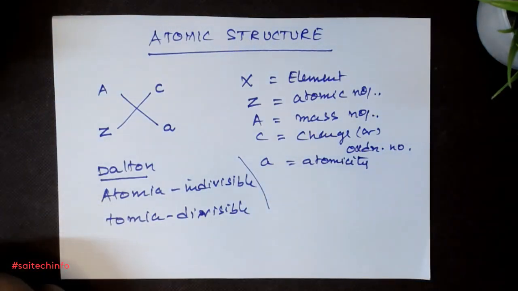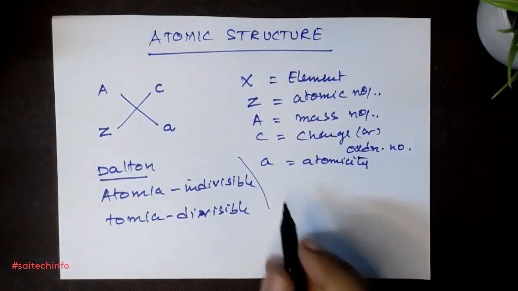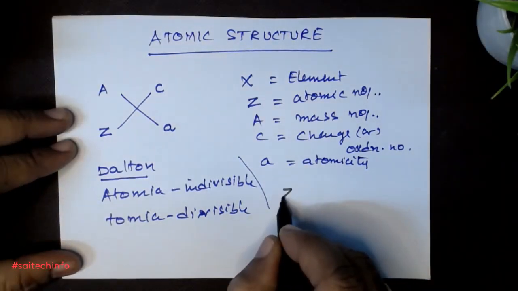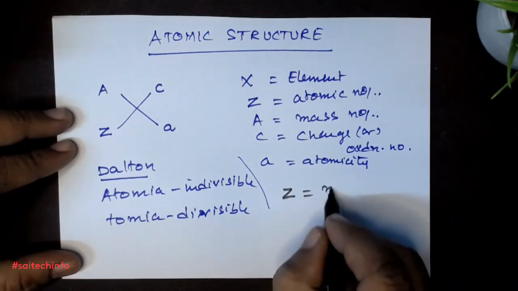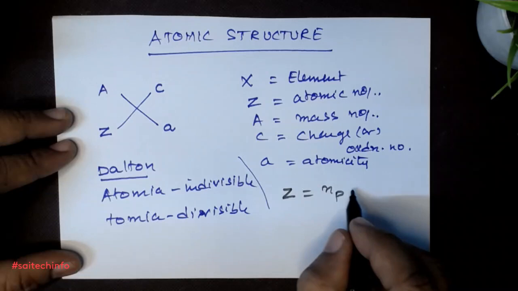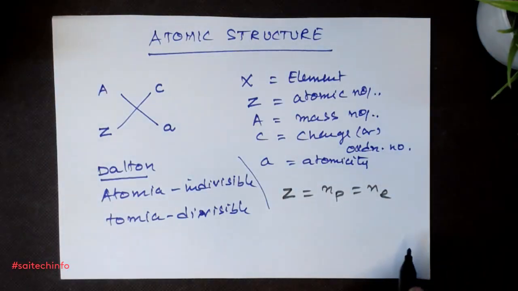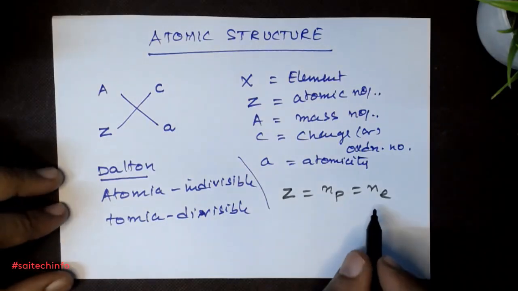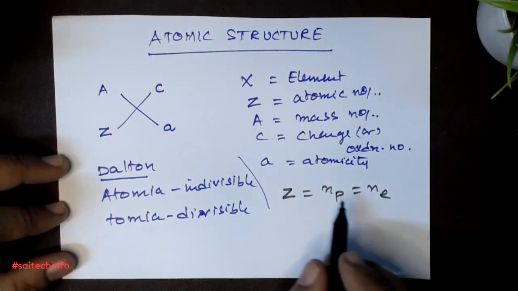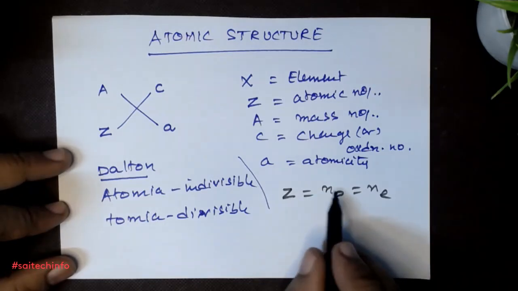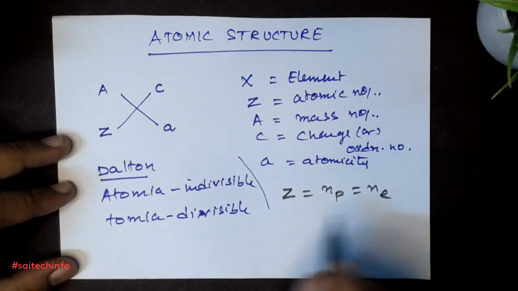Now let me explain Z. Atomic number is nothing but number of protons or number of electrons. Since number of protons is equal to number of electrons in an atom, it is neutral. So it can either be number of protons or number of electrons. That is called atomic number.